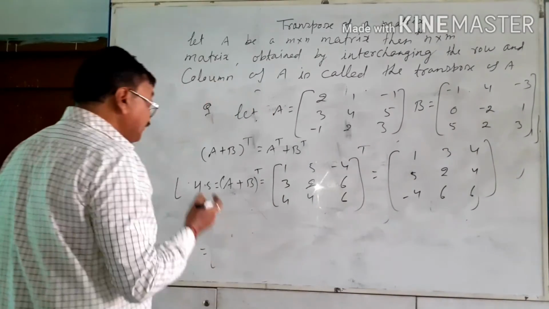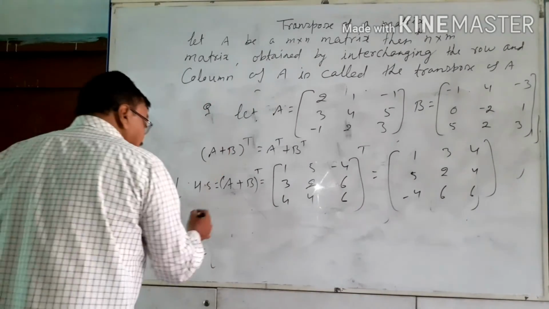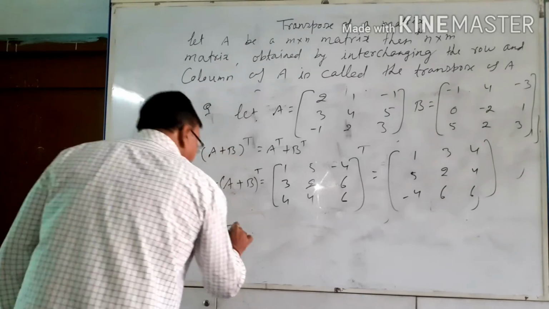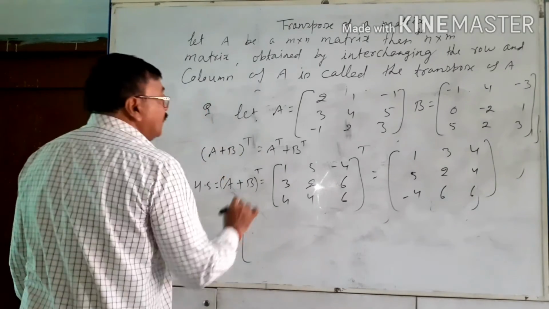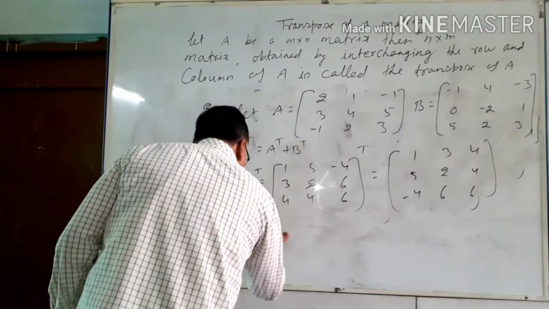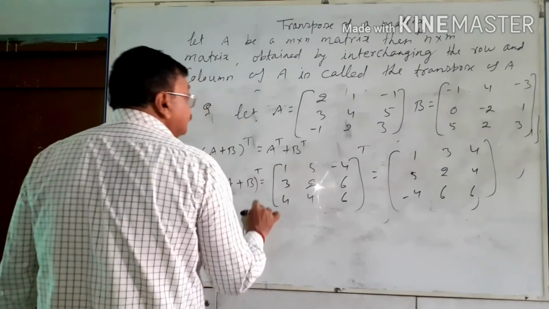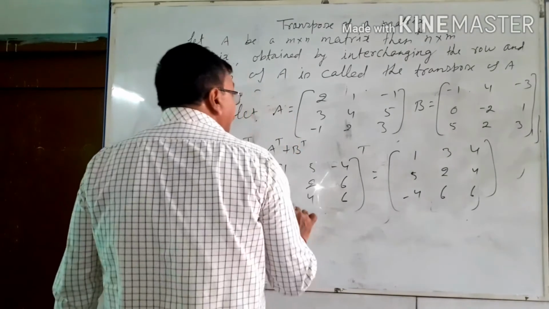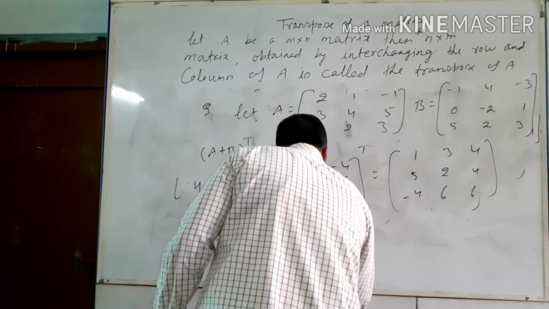And now we have to write A transpose plus B transpose. A transpose will be 2, 1, minus 1, 3, 4, 5, minus 1, 2, 3.